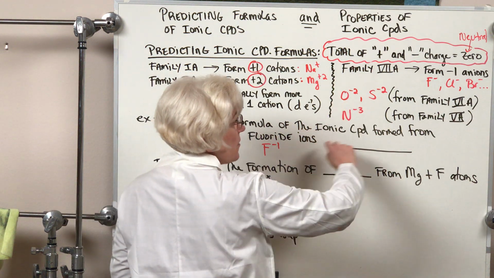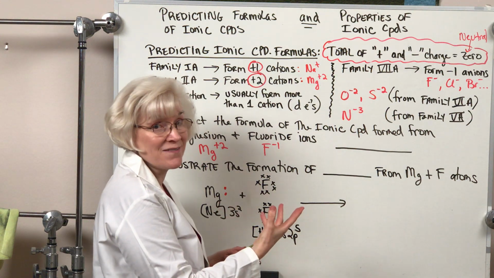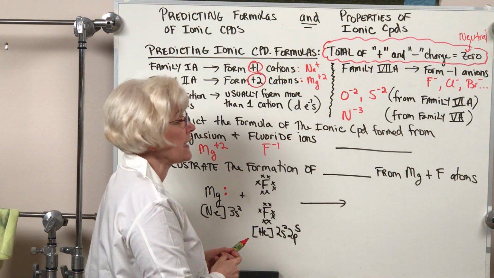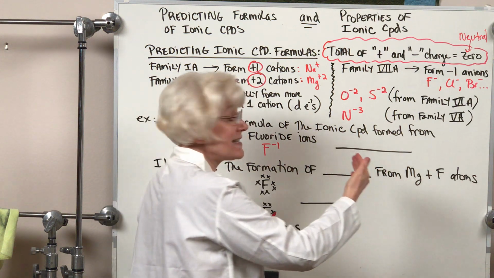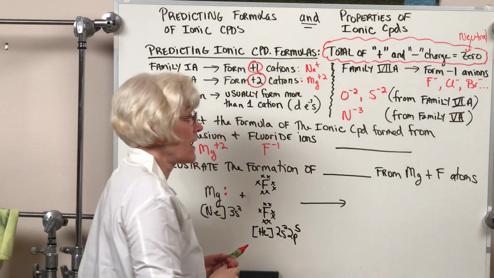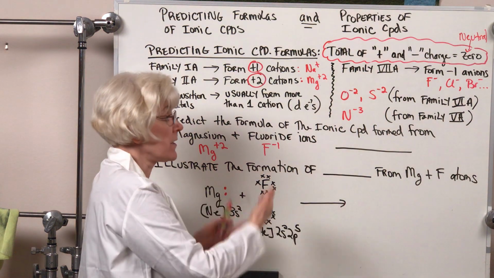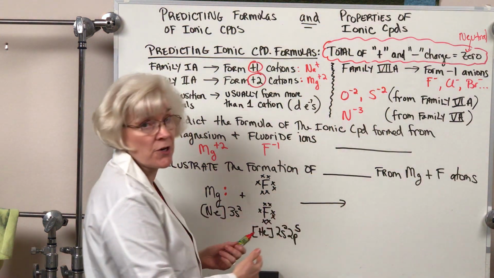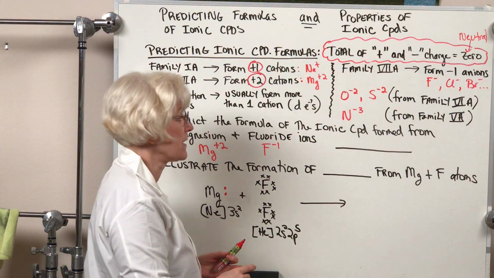Now oxygen and sulfur are in family 6A. They are the most reactive of the elements found in that family. They have 6 valence electrons. They would react to try to gain 2 electrons and become -2 anions if they're going to form an ionic compound, if they're reacting, in other words, with a metal. But again, they have some other options available to them with covalent bonding that we'll talk about later.